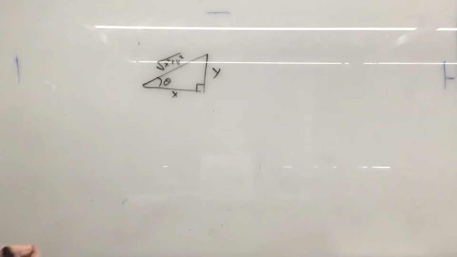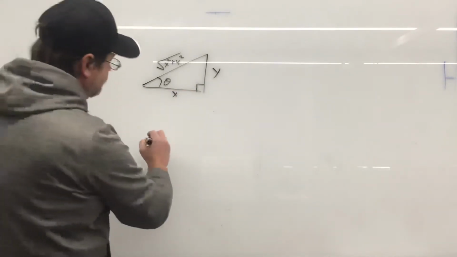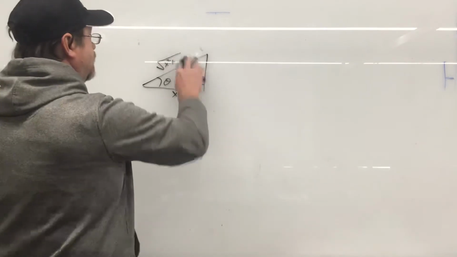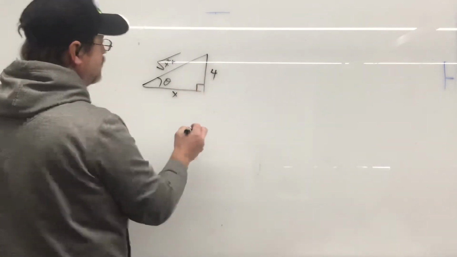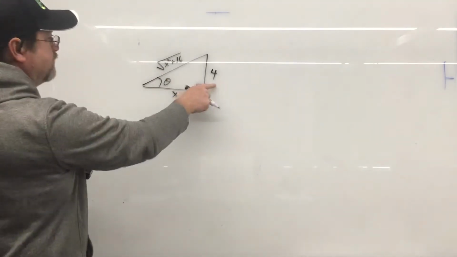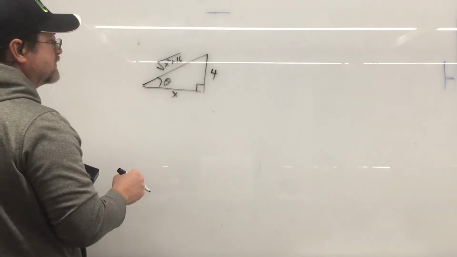Now, if we're given one of these two sides, so say that we are given this triangle, and this is 4, then this side being x, that side being 4, the hypotenuse would be the square root of x squared plus 16.